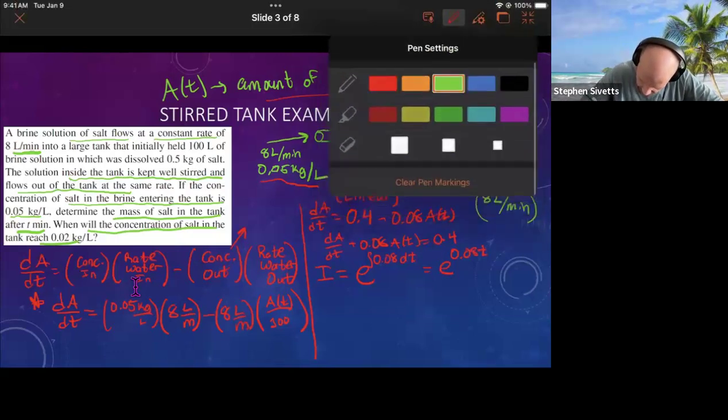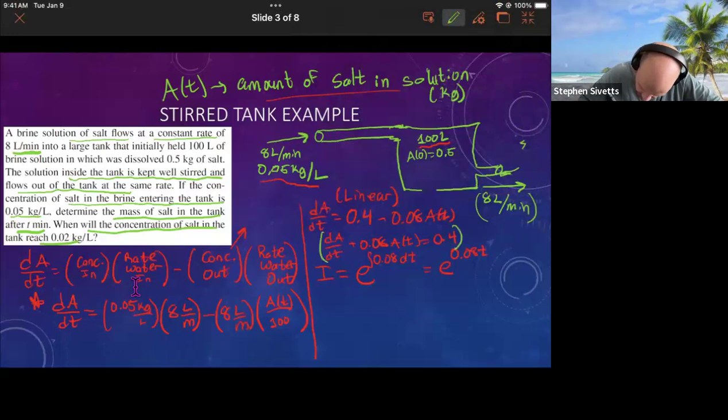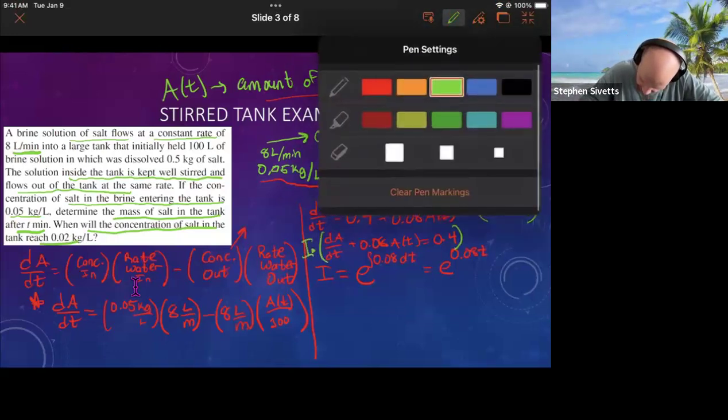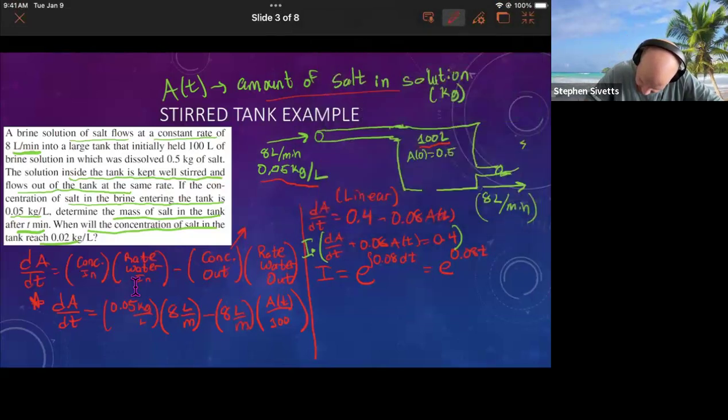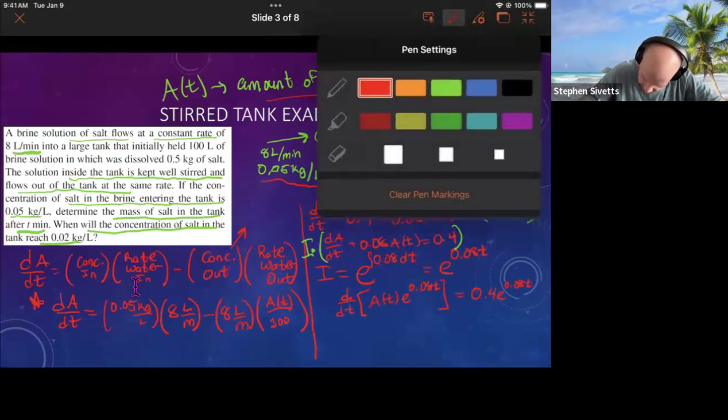And if I multiply both sides of this equation by the integrating factor, I will get d/dt of A of T times e to the 0.08 t equals 0.4 e to the 0.08 t. Okay?